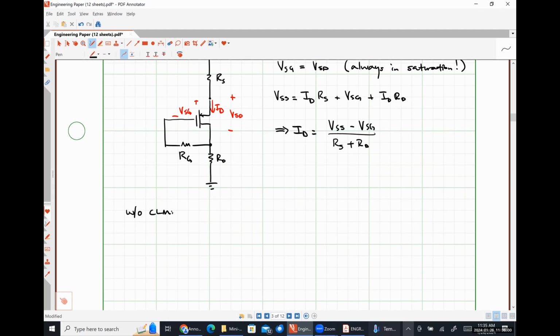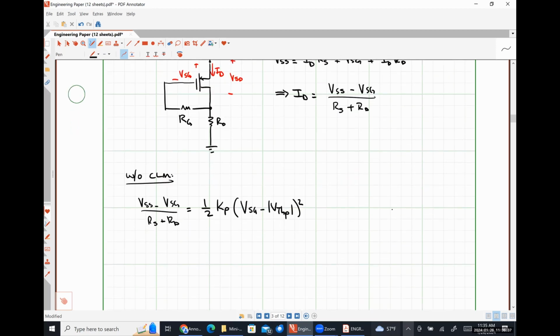Without channel length modulation, we have VSS minus VSG divided by RS plus RD is equal to 1/2 KP times VSG minus VTH, quantity squared. And once again, we're going to wind up having a quadratic function.